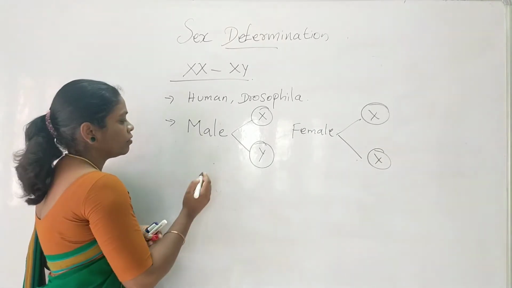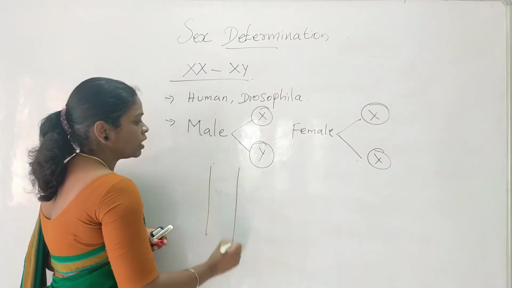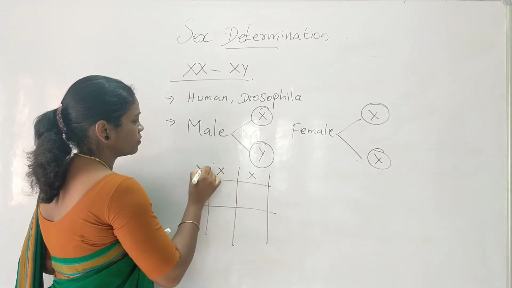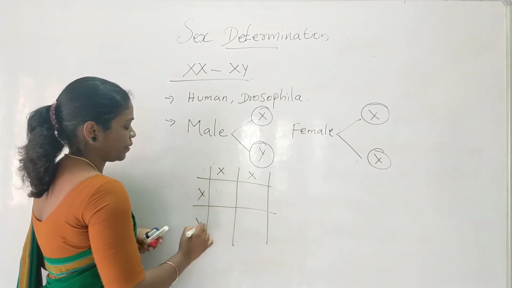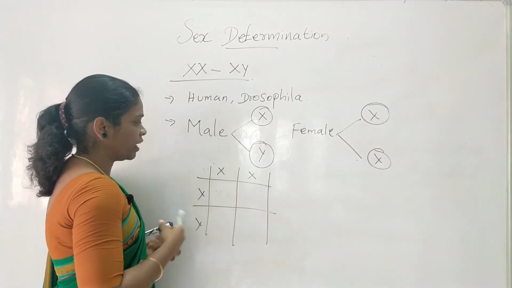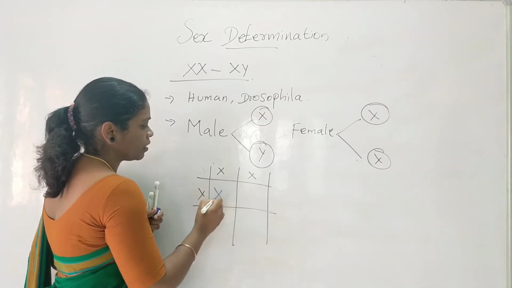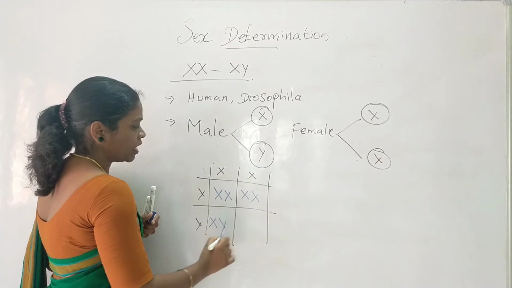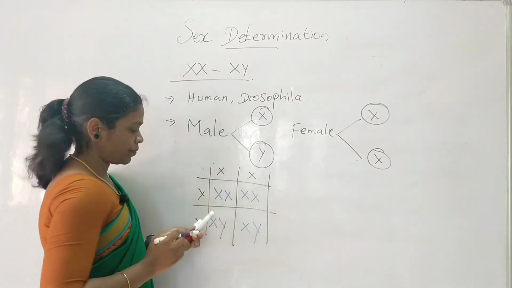So what happens here? Again we'll draw a Punnett square so that you can easily understand. XY. When you plot here, you can find the first is XX, again XX, the next one is XY, the next one is XY.